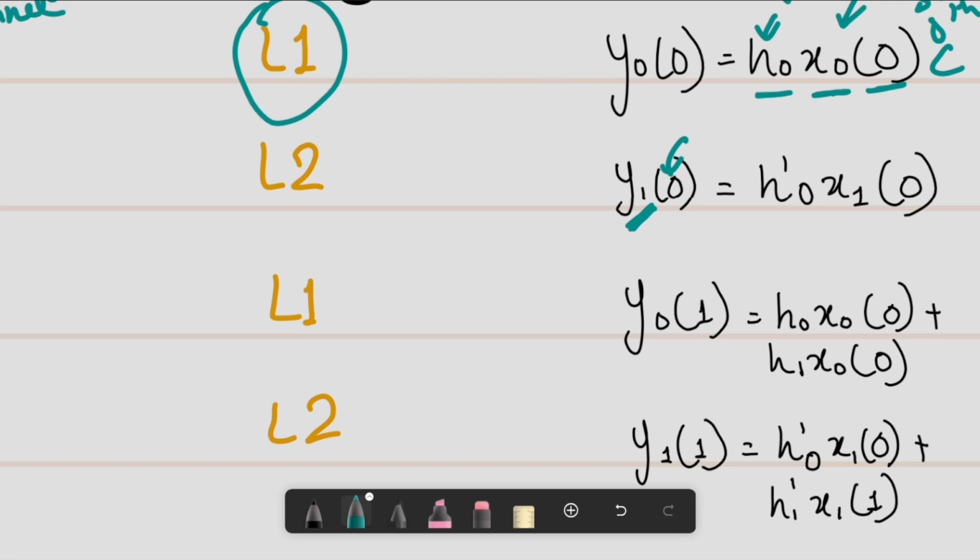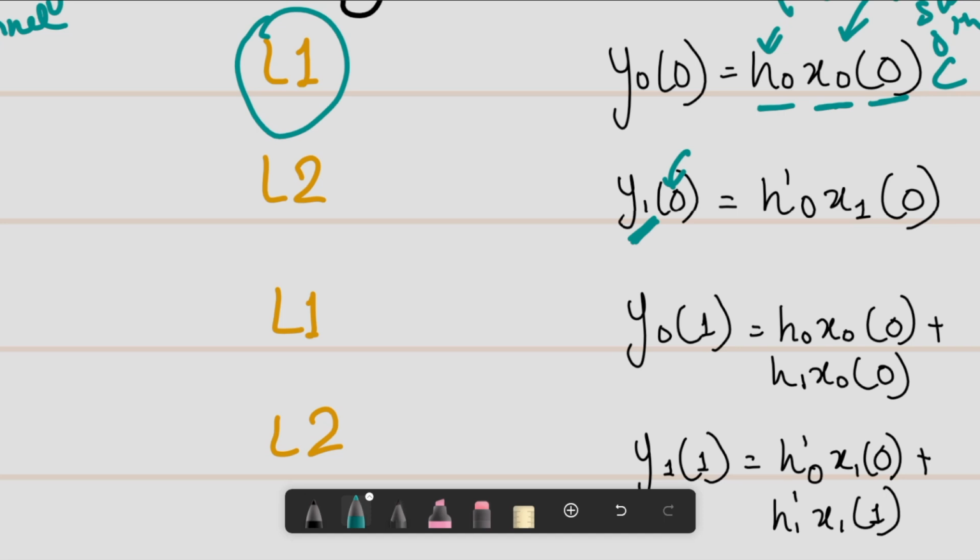Over here, it will be a dot product between the second coefficient set, which is meant for channel 1, and the 0th sample given on channel 1.